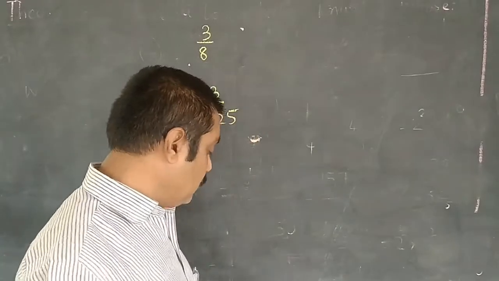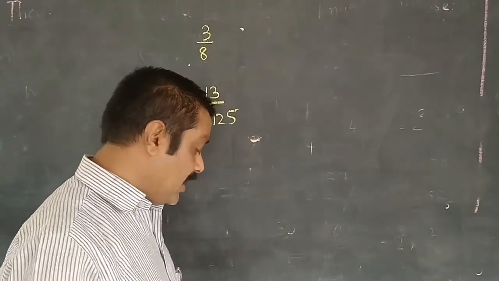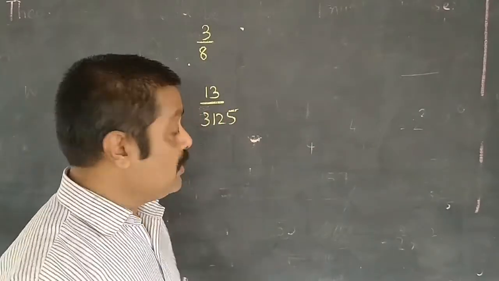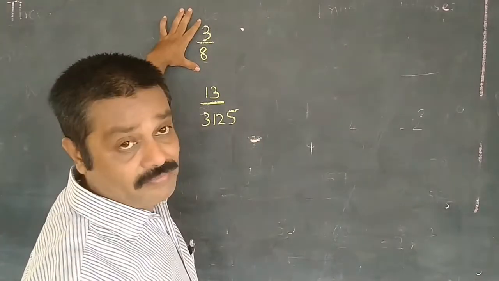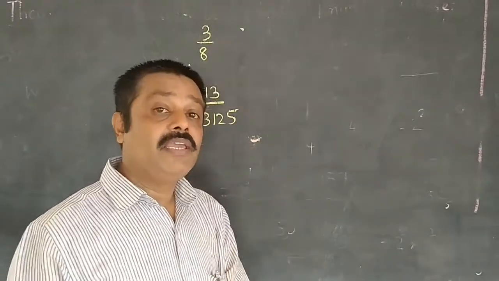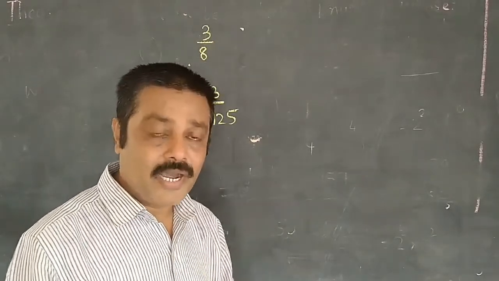But the question is, without performing division, state whether the following rational number will have terminating decimal form or non-terminating decimal form. In the first bit we have to do the division, but in the second bit, without division, you should be able to say whether it is terminating or non-terminating. How to decide?